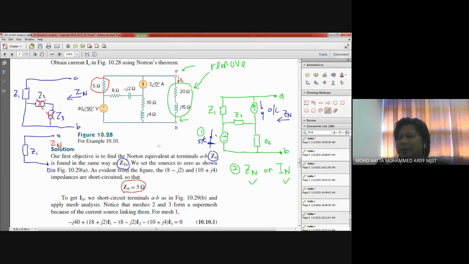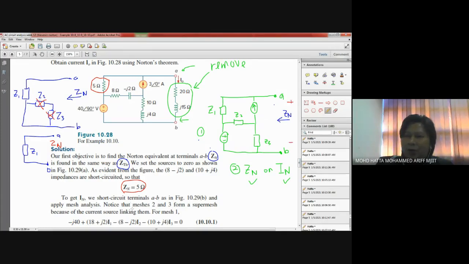All right, now that's for the Norton impedance. And for Norton current, or IN, recall back this circuit. For VTH, if you recall back, we try to find the voltage across here, right? VTH is a voltage across here.